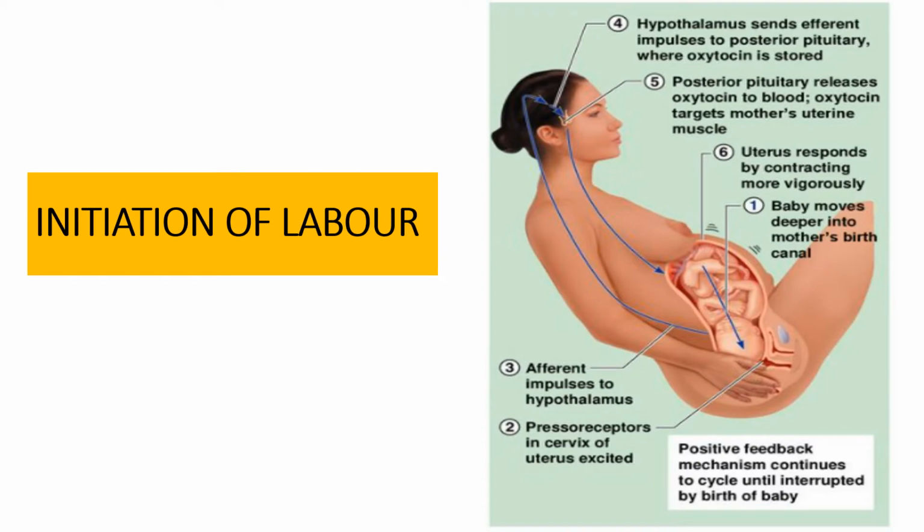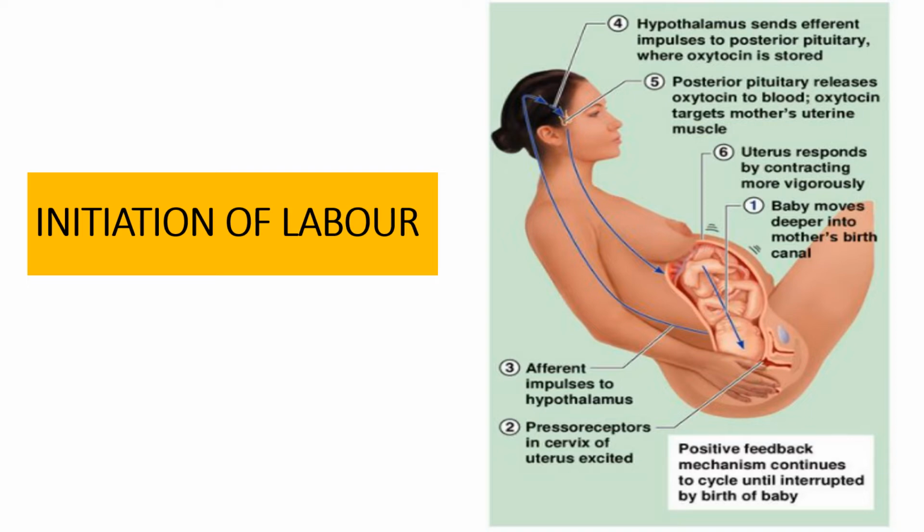See what happens. First the baby moves deeper into the mother's birth canal, then pressure receptors in the cervix of the uterus are excited. These pressure receptors will provide afferent impulses to the hypothalamus. Hypothalamus will send impulses to the posterior pituitary, and this will release oxytocin.